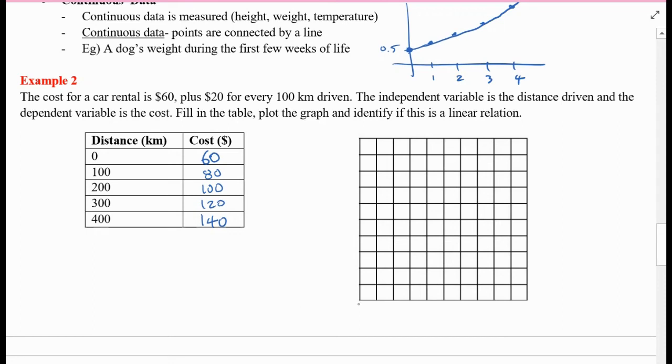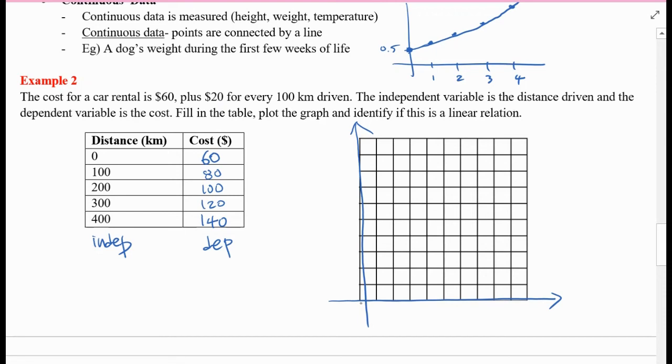Okay, so there's no scale here, so you're going to make the scale by yourself. So say this is the independent variable, and this is the dependent variable because the cost depends on the distance. So the independent variable is the horizontal variable.